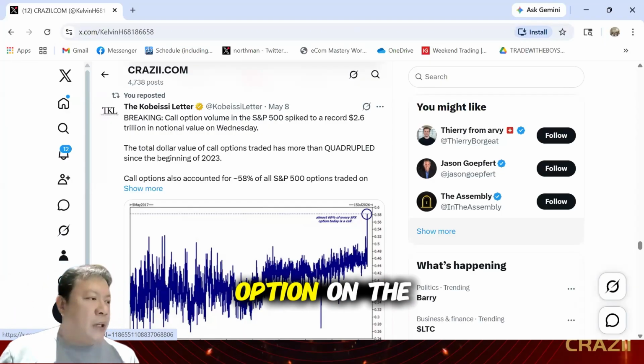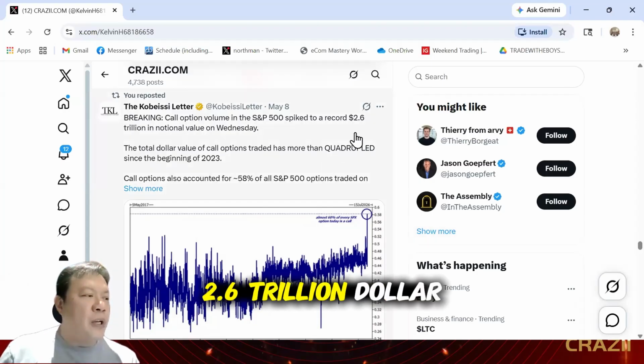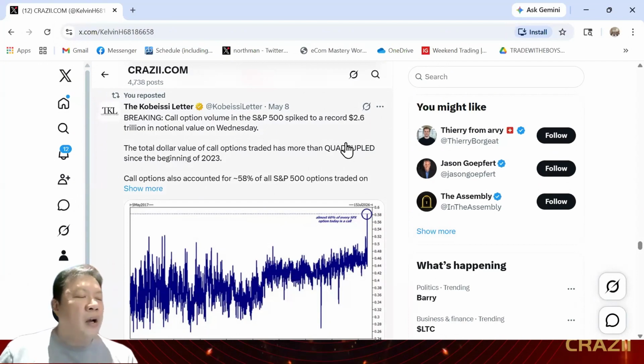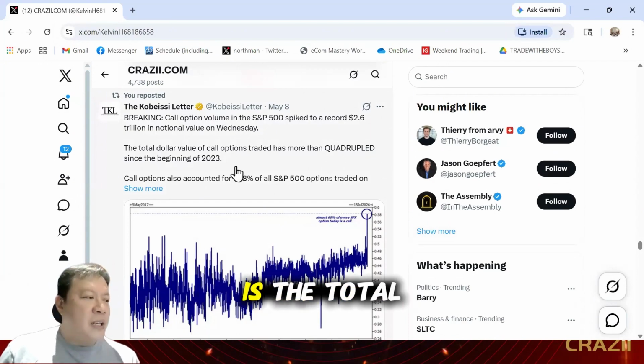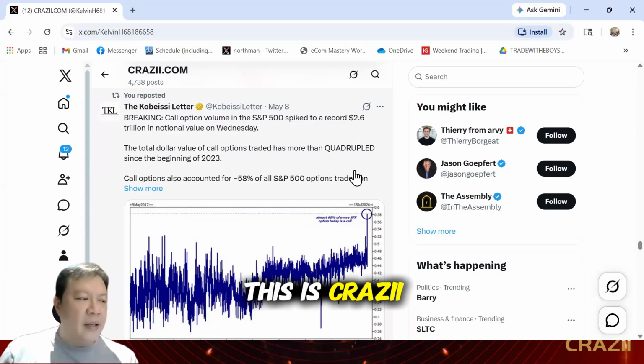Now the call option on the S&P 500 has hit a record of $2.6 trillion. Holy cow! This is the total value of call options traded, more than quadruple since 2023. This is crazy. Look at it.